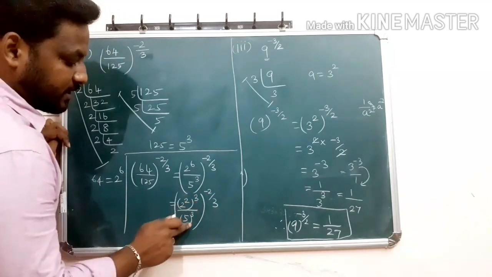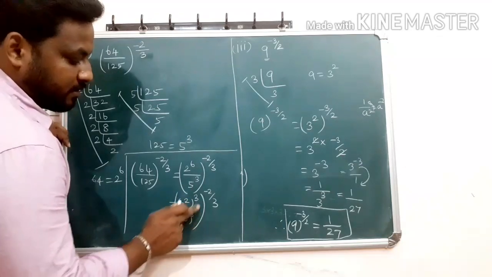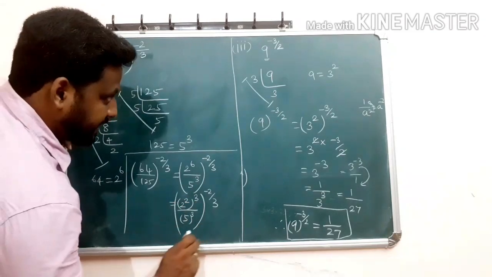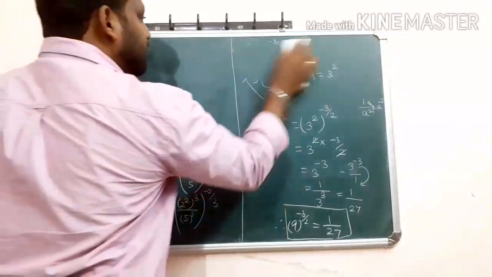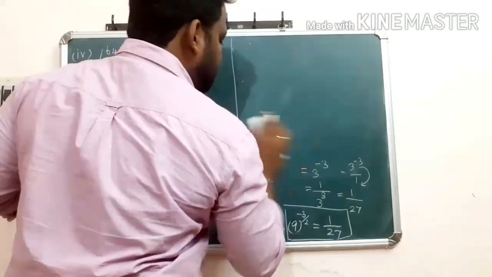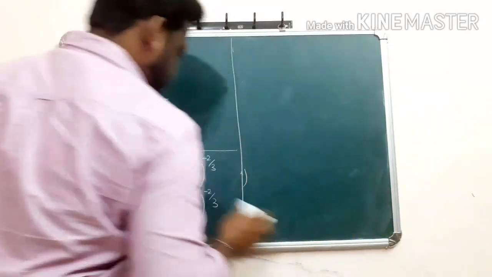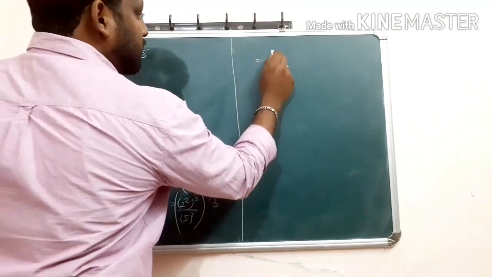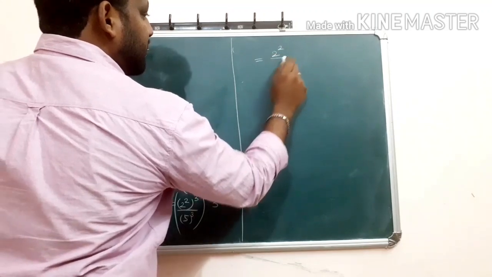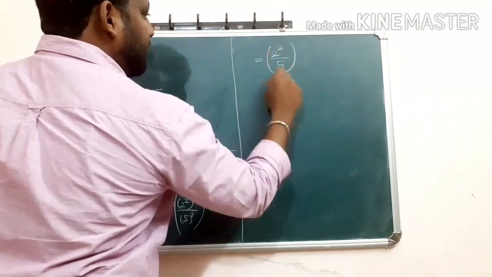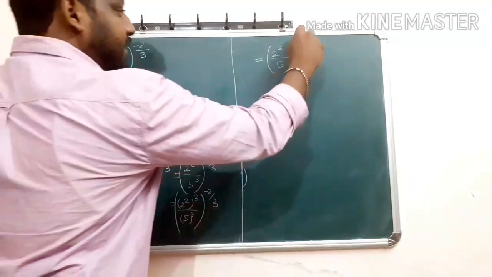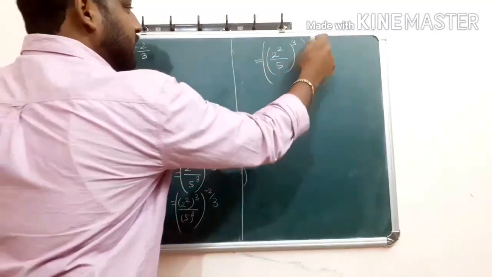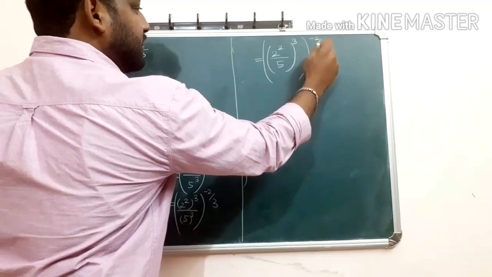So here 3 is a common power. So we can write as 2 power 2 divided by 5, the whole power 3, because 3 is a common power, and then the whole power minus 2 by 3.